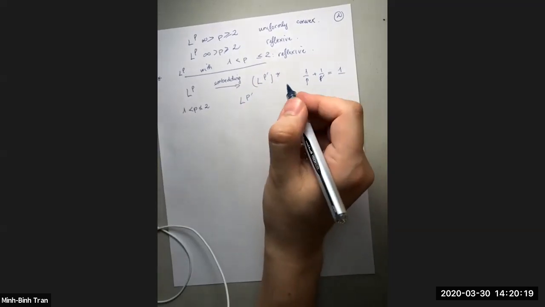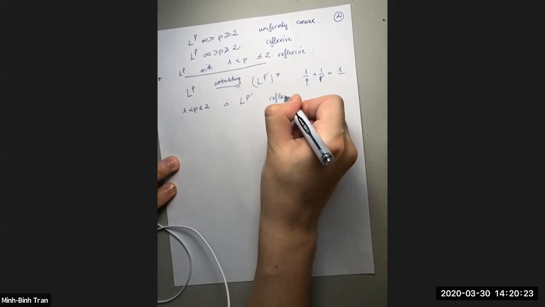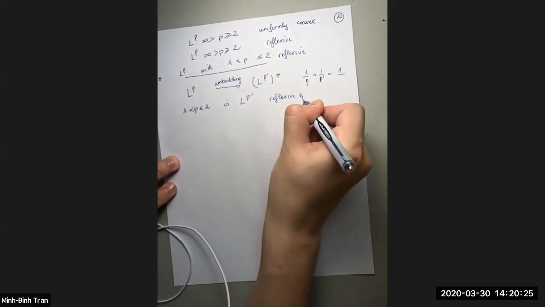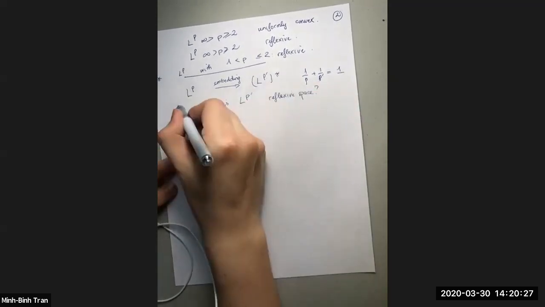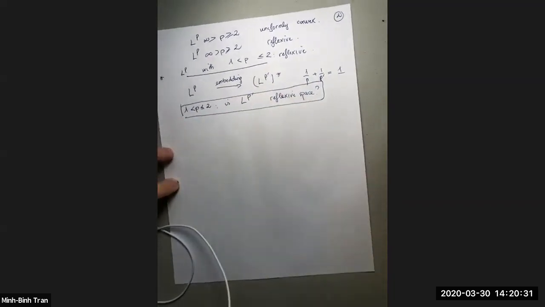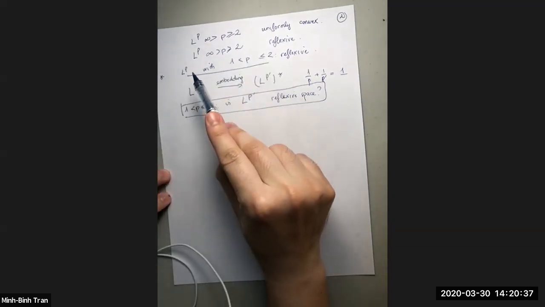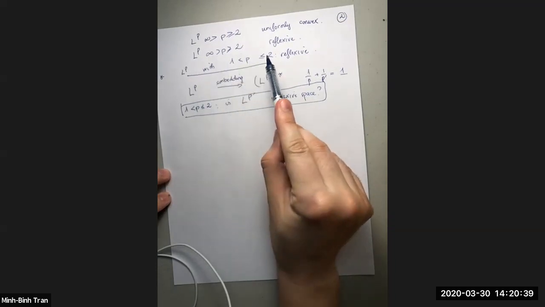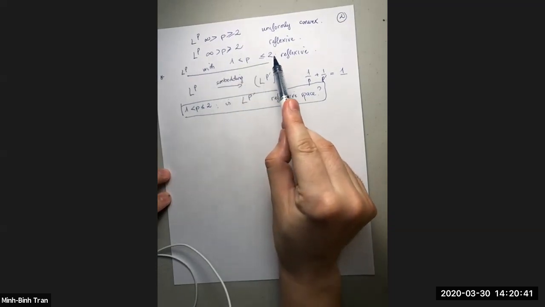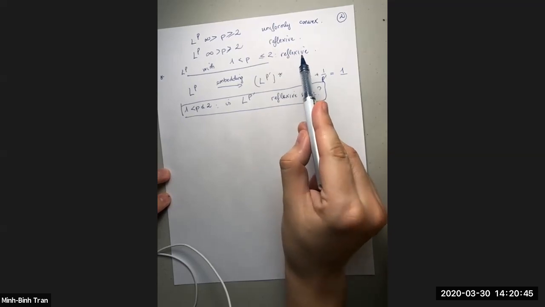Is it a reflexive space? I explain again. Now I want to show that L^p with p bigger than 1 and p smaller than or equal to 2 is a reflexive space, right?